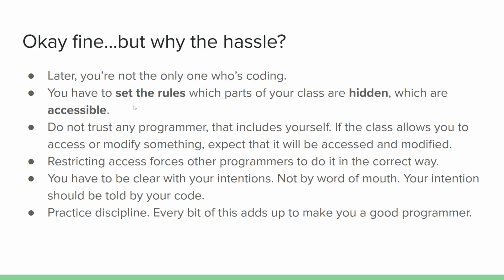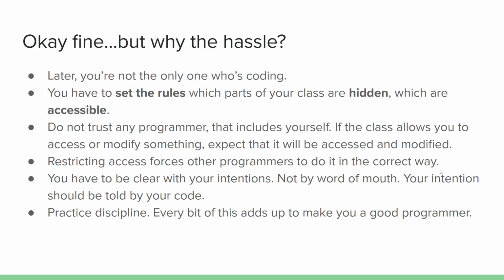So you have to set the rules on which parts of our class are hidden and which are accessible. Do not trust any programmer. So that's why we do this. Restricting access forces other programmers to do it in the correct way.